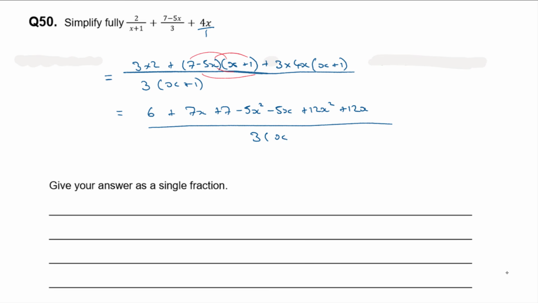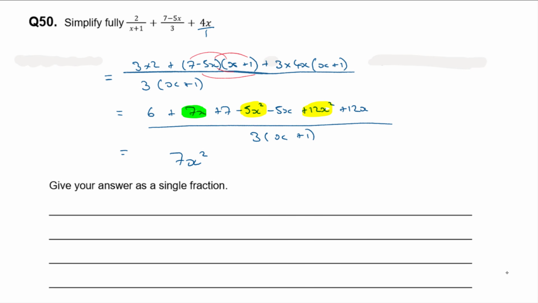I'm sure we can tidy that up a little bit. Not really going to do anything with the denominator just yet. I'm hoping I'm going to cancel some bits out. Right, so what have I got now then? Let's start collecting like terms. Terms in x squared: I've got a minus 5x squared and a plus 12x squared. So combining those together, that's going to give me 7x squared on the top. Then what about terms in x?